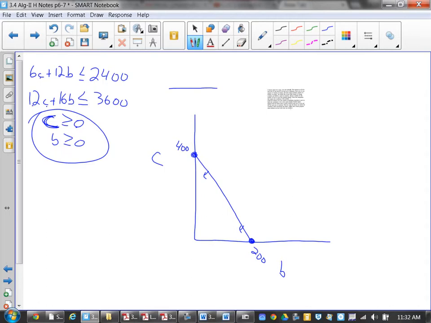What? 300? What did I do? Not right. Oh, right, because you did B for your. Oh, okay. Turn yours sideways. I was looking at my own and I messed up. Do it this way.